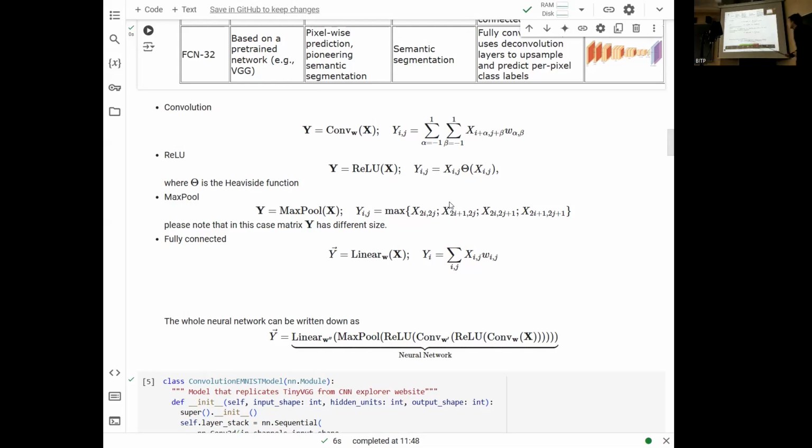Max pooling layer. So we are just taking maximums from these numbers. You can check the indices: I'm just considering some small square and I'm taking the maximum. And the fully connected layer that I showed you. Once again, I'm just taking everything that we had at the input, so all values in x, and I'm multiplying each one of them with some sort of coefficient w_ij.